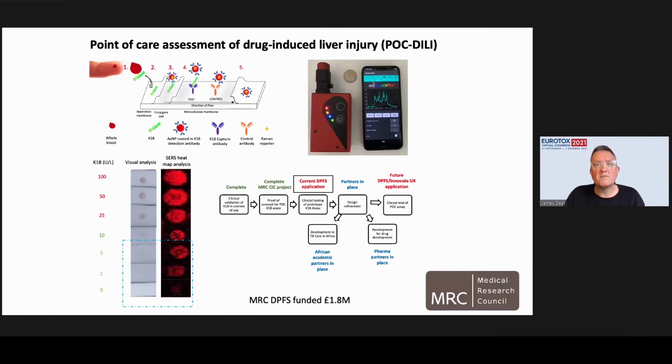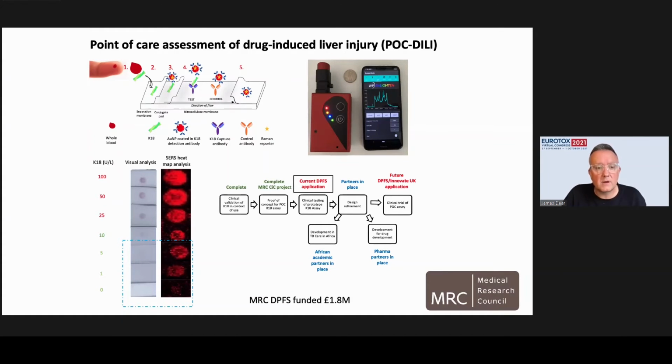So one of the studies we're running now is we're developing a keratin 18 finger prick test, because what we need in clinical practice now is a rapid assay. Patient presents after a paracetamol overdose. We need to rapidly identify those people who have liver injury.